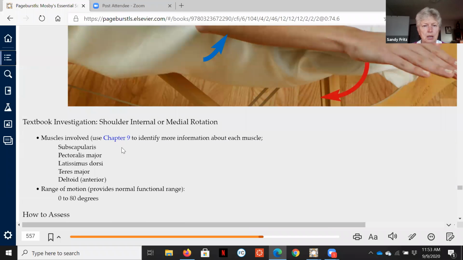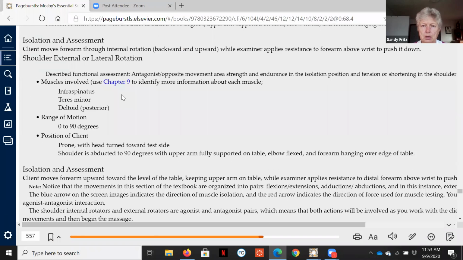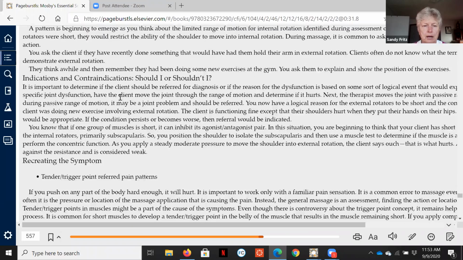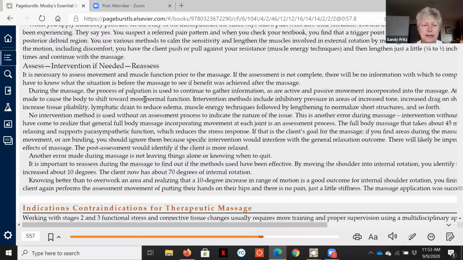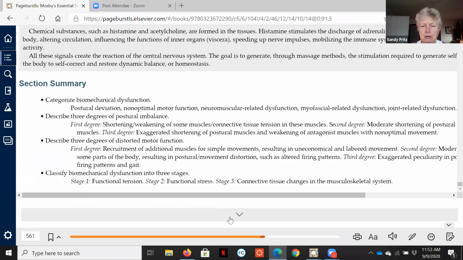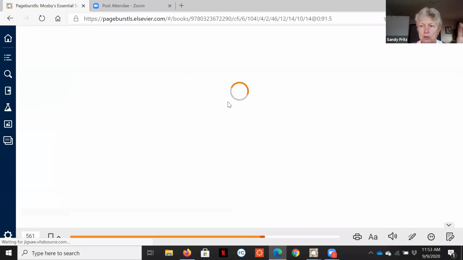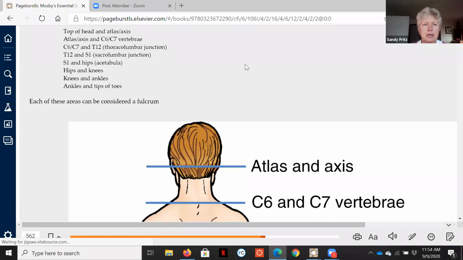So this segment in the textbook actually is showing you what we are going to do in the next video, and how we can bring multiple chapters and multiple content together.